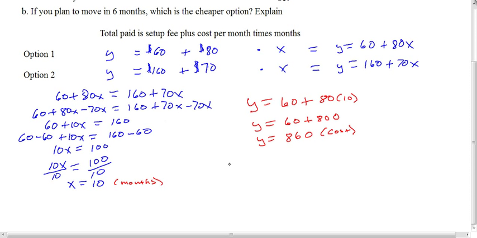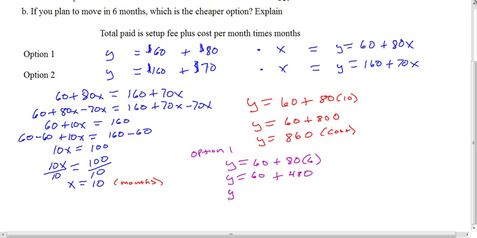So the first option is y is equal to, and this is option 1, and we're looking at y is equal to 60 plus 80 times how many months? So how many months did it say? We say 6 months, times 6. Okay, so y is equal to 60 plus 6 times 80, and that's going to be 480.